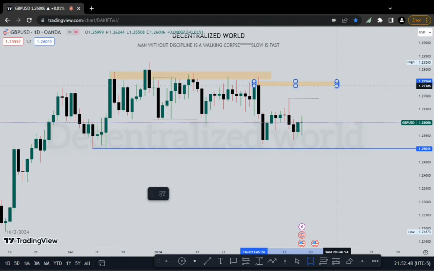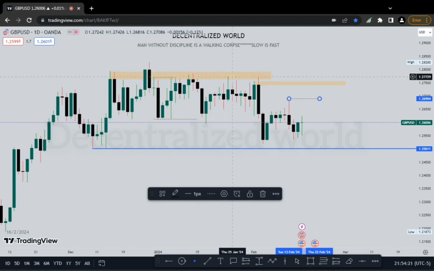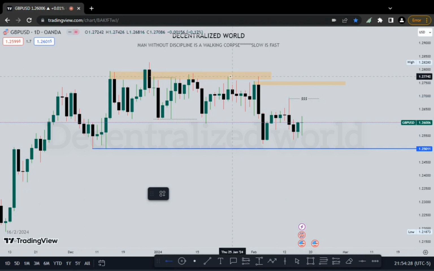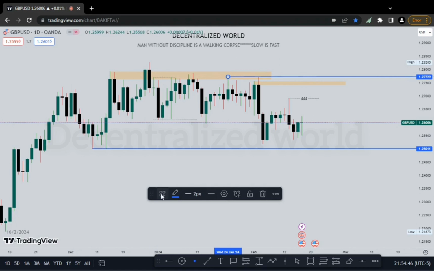Then rejection block. This is our buy side liquidity. Just in case price didn't go as planned, then that would be another directional bias, the buy side liquidity.